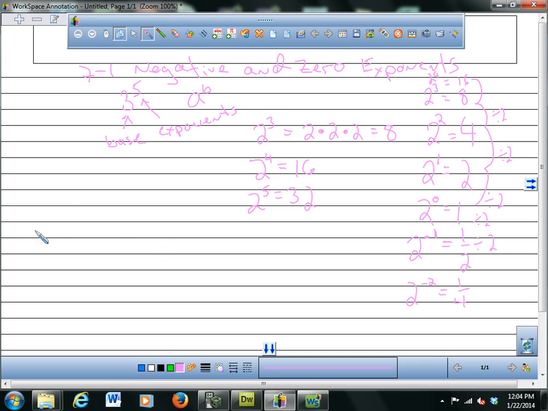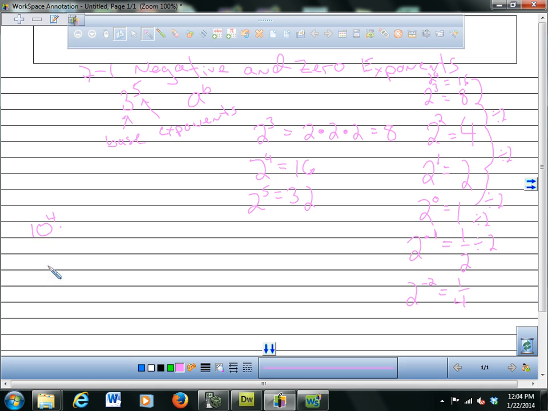Let's try it with 10. 10 to the 4th power. Anyone know what 10 to the 4th power is? 10,000.